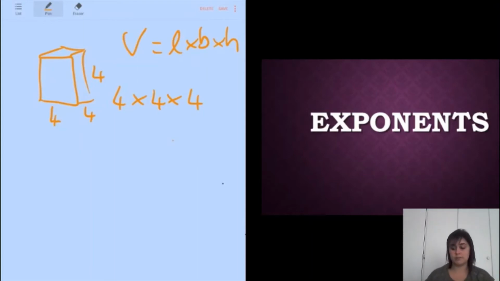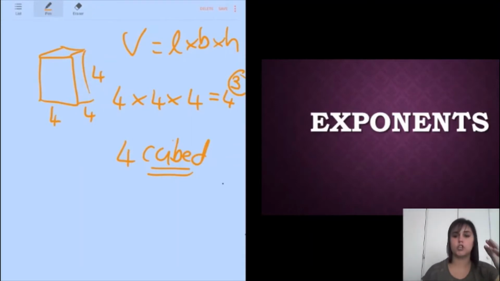And 4 times 4 times 4 can also be written as 4 to the power of 3, 4 cubed, because that 3 means it's cubed. It's the number itself multiplied by itself 3 times.